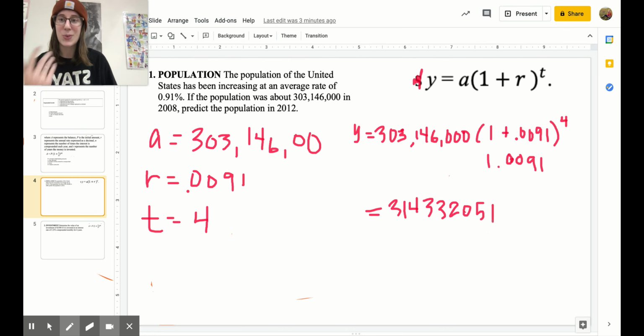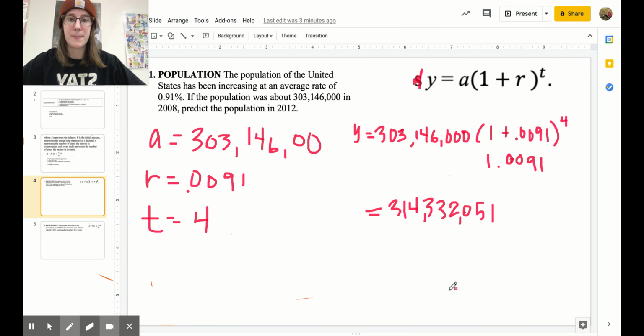Can you have 0.4 of a person? No, you cannot. So we will just round, and so that's 0.51. Then you can add your commas. And so you have 314 million, 332,051.